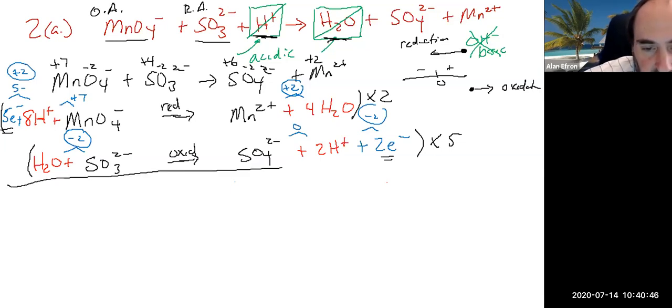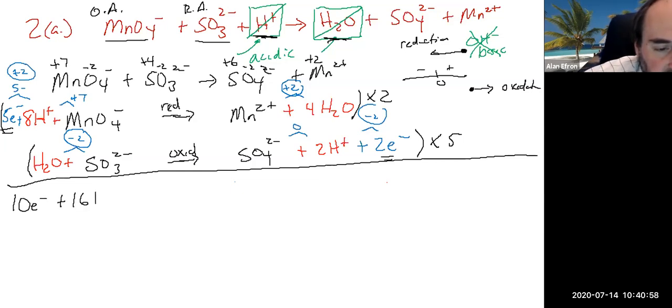So I'm going to rewrite both of them. So starting on the top one, I'm going to multiply that 2 to everybody that's there. For the top half reaction, that will give me 10 electrons plus 16 H pluses plus 2 MnO4 minus gives me 2 Mn2 plus 8 waters.